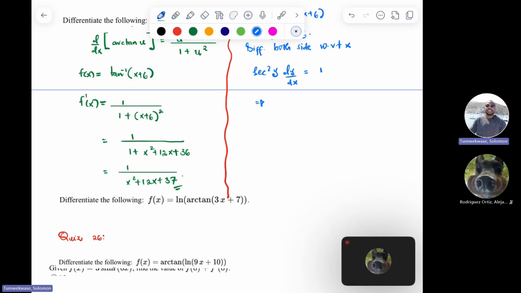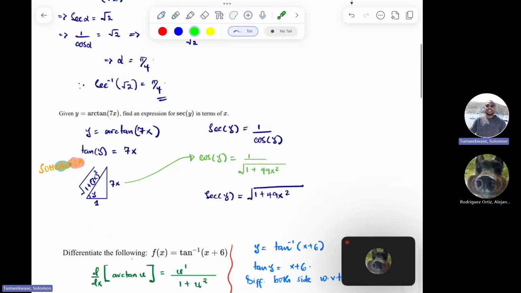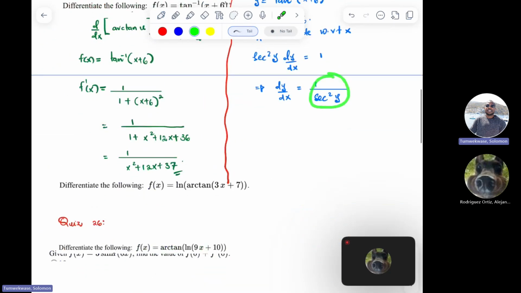And therefore, my dy dx is just 1 over secant squared y. Now, like we said above, 1 over cosine is secant, so 1 over secant is cosine, and therefore 1 over secant squared is cosine squared y, okay?